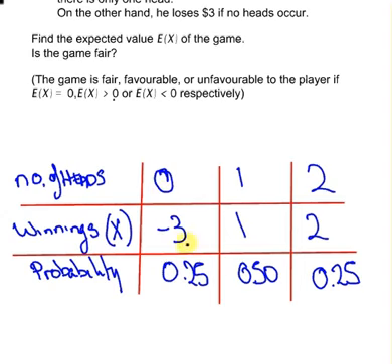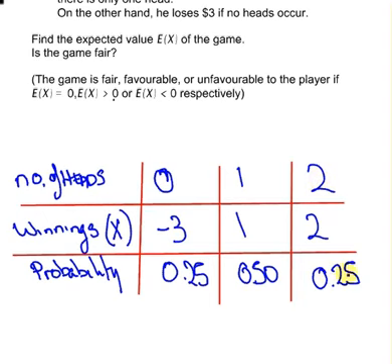If there is 1 head, we win $1, and if there are 2 heads, we win $2. We also mark down the probability of each event, 0.25 for 0 heads, 0.50 for 1 head. That's a combination of the 2 middle outcomes, heads tails and tails heads. It's the 2 values together. And lastly, for 2 heads the probability is 0.25.